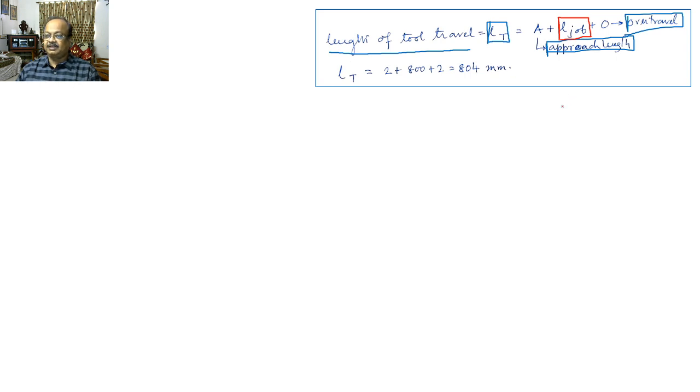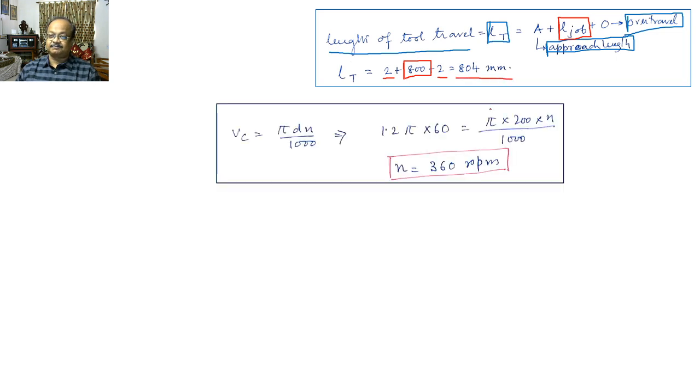If you go for milling operation or grinding operation, other than approach and over travel, because of the geometry of the job and the cutter, you may require some mandatory travel as well. So from the given problem, approach is 2 millimeter, over travel is 2 millimeter, and if you recall, the length of the job was 800 millimeter. So the length of tool travel is 804 millimeter.